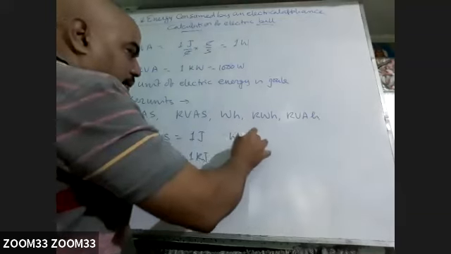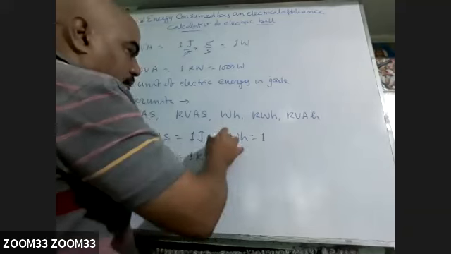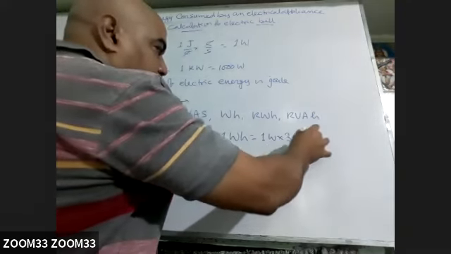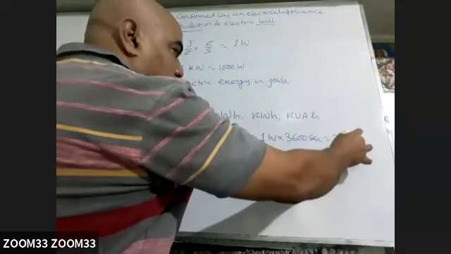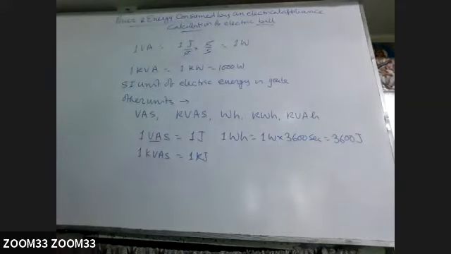Watt hour means 1 watt into 3600 second, so 3600 joule, watt into second. These all we have done in class 10 also.